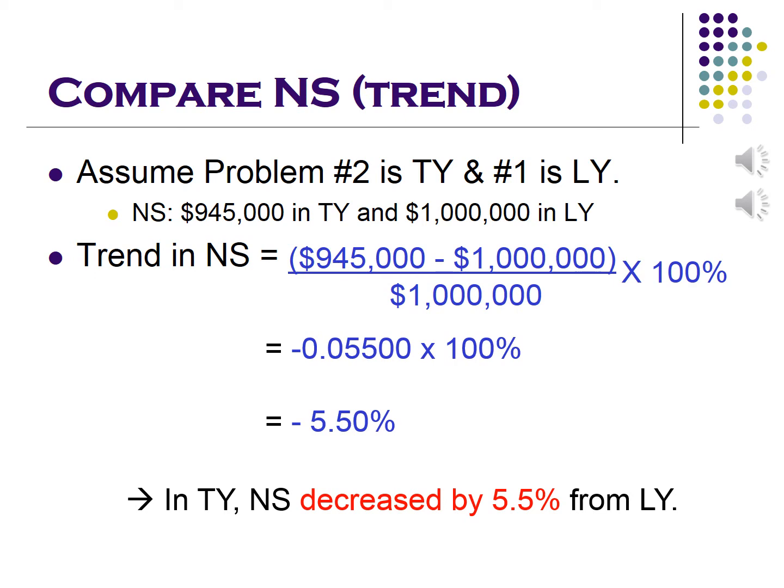So this means that this year, net sales decreased by 5.5% from last year's net sales. When you have a negative sign on your trend, in this case negative 5.5%, that means there was a decrease, a reduction in net sales. If this were a positive number, that would mean there was an increase in net sales between last year and this year.